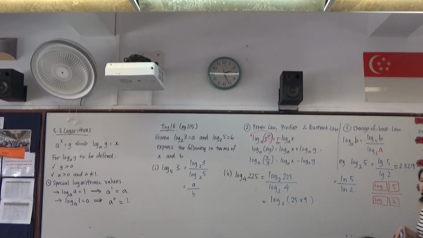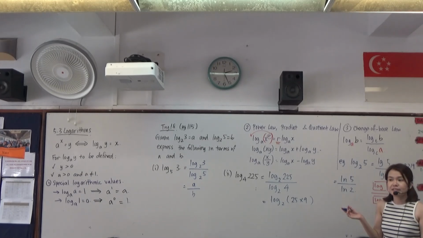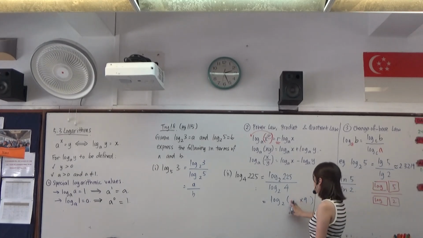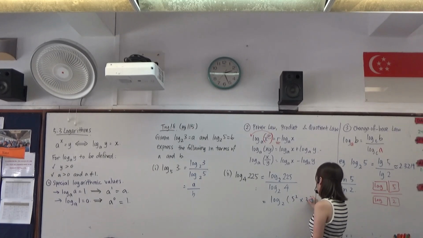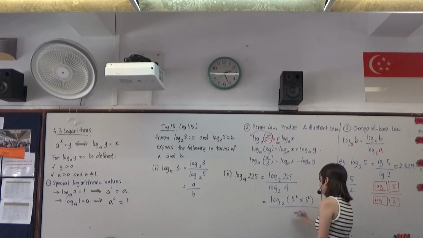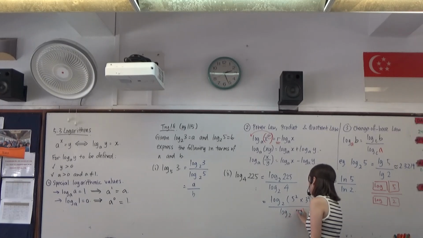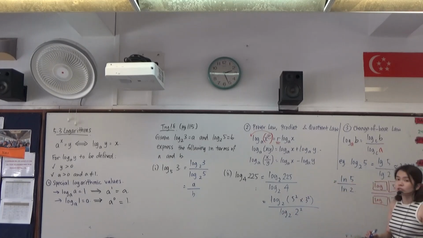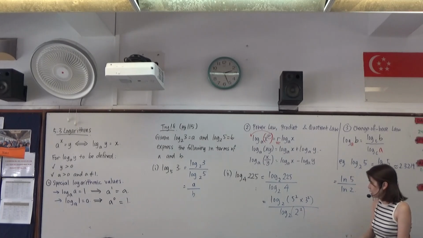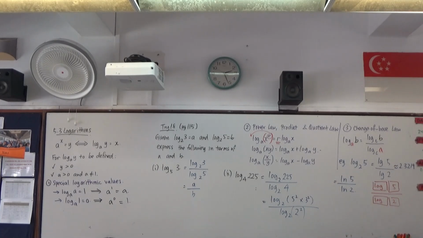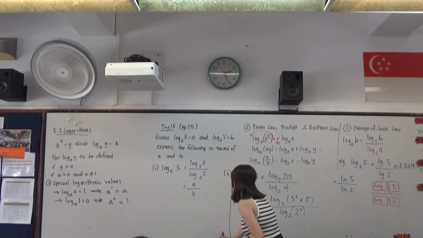You all see it now? 25 is actually 5 squared, and 9 is 3 squared. 4 we will do as 2 squared. Maybe if you want to make sure that you are getting things right, you can put brackets around 2 squared, that's fine as well.